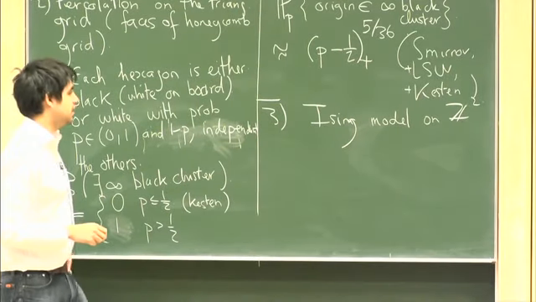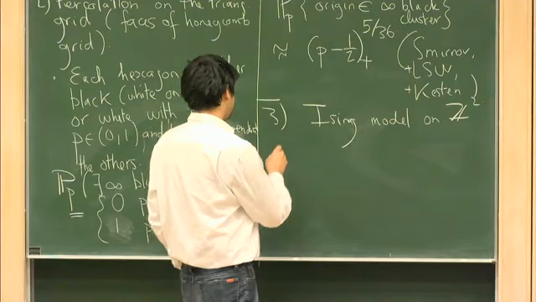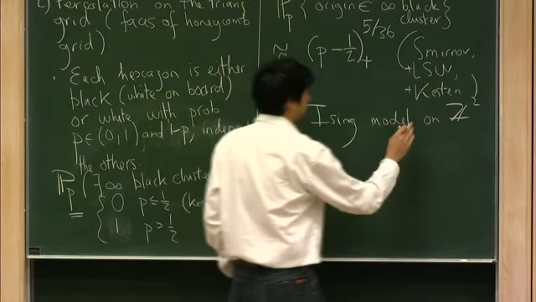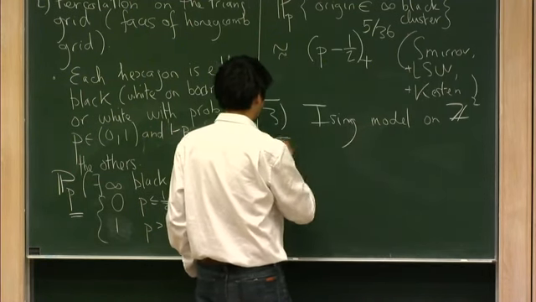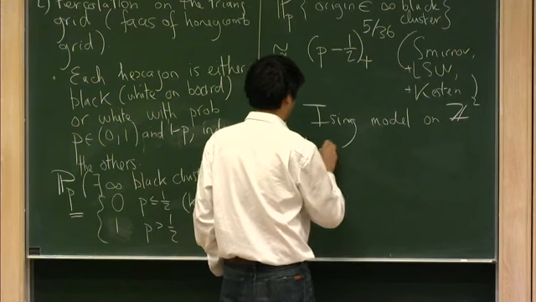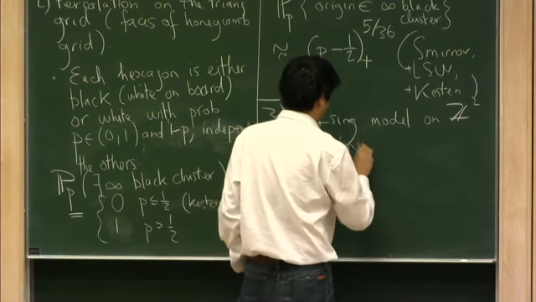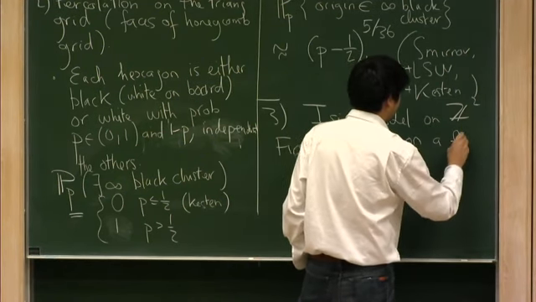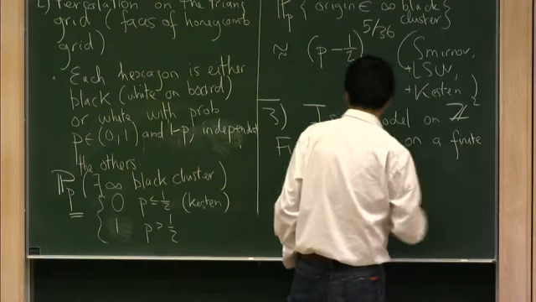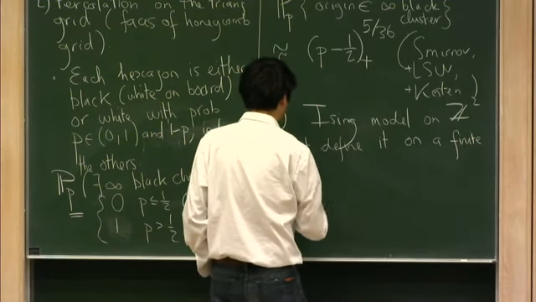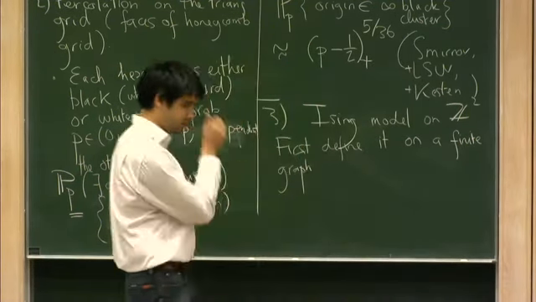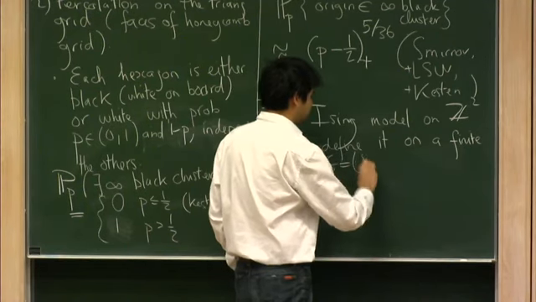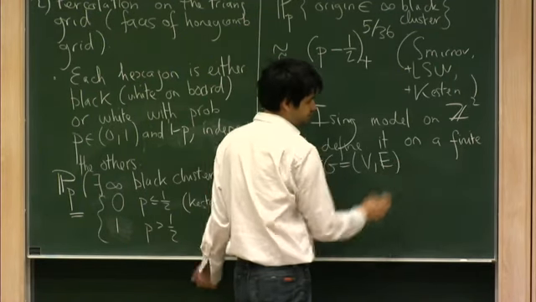It's not very hard. So first, define it on a finite graph. Okay. So first, G with vertices V and edges E.